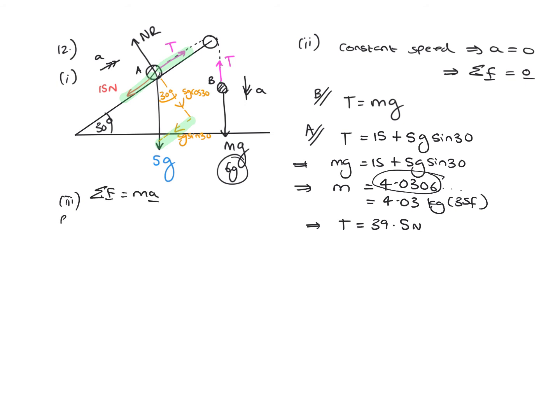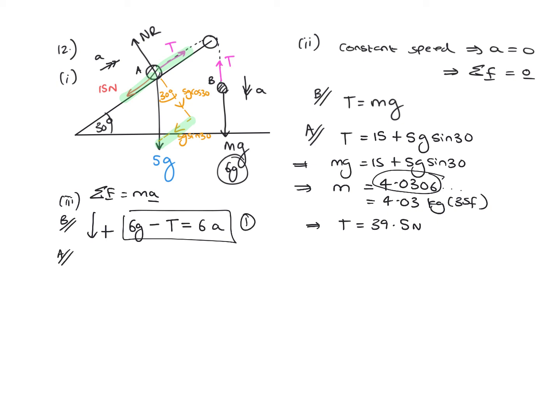We're going to start with object B and say down is positive. Object B has the heavier mass of the two, so let's assume B moves downwards and A slides up the slope. So down we have positive forces, that's 6g. Up we have negative forces, that's T. 6g minus T equals the mass, which is 6 multiplied by the acceleration a. And there we have one equation.